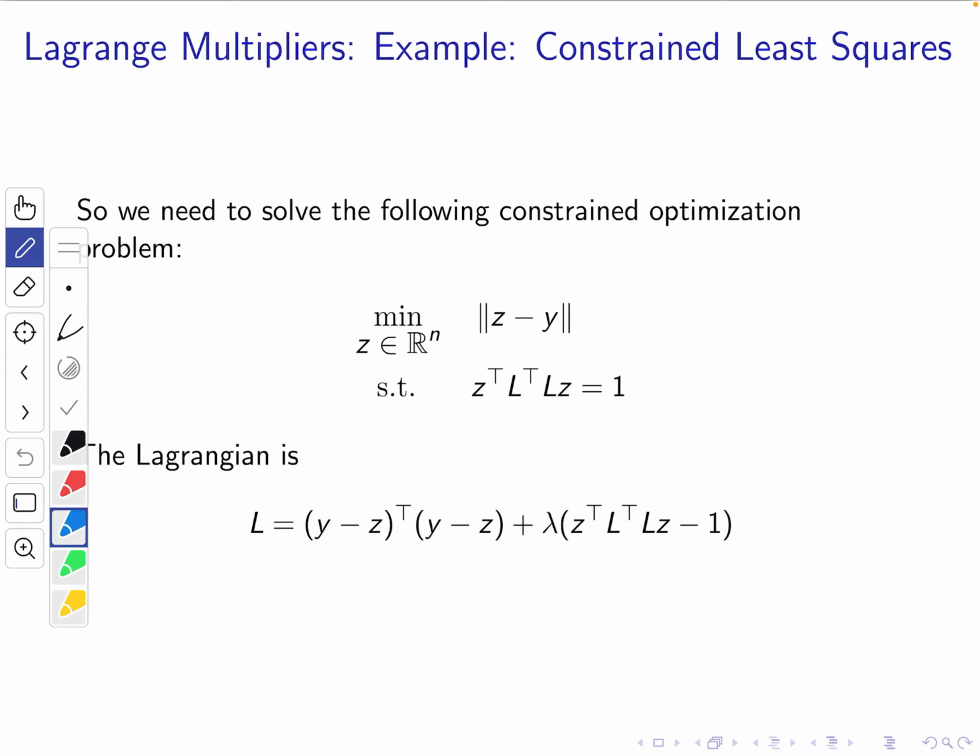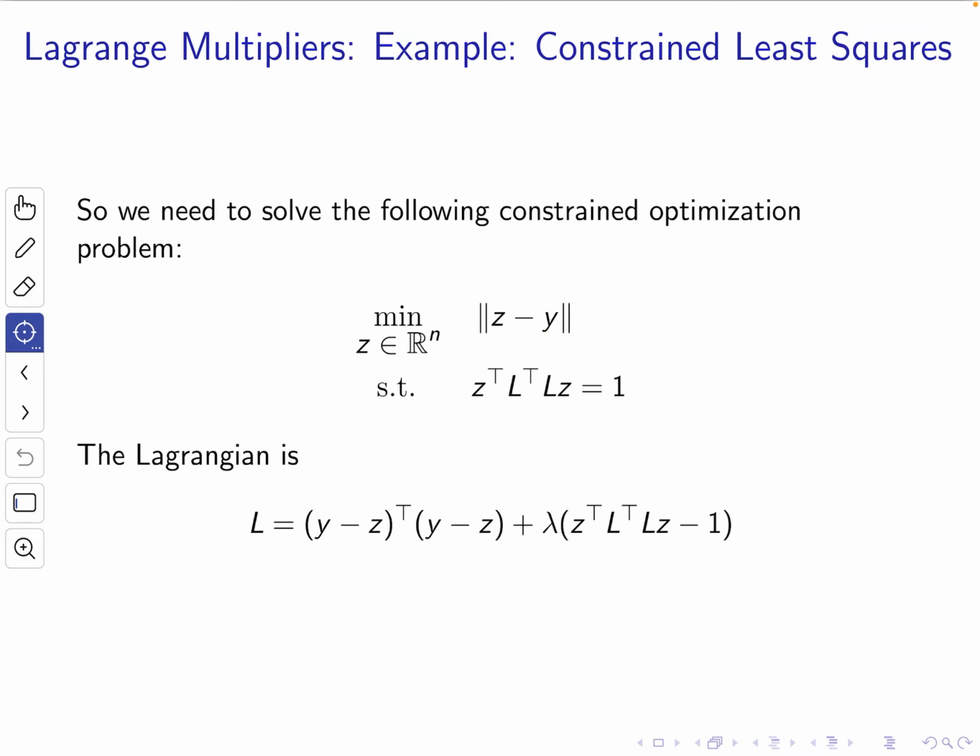Okay, so we're going to try to minimize the distance between y and z, and we're going to look over all z's such that z transpose L transpose L z equals 1. So this means z has to be on the ellipsoid, and then we're going to minimize the distance between y and z, where y is given.